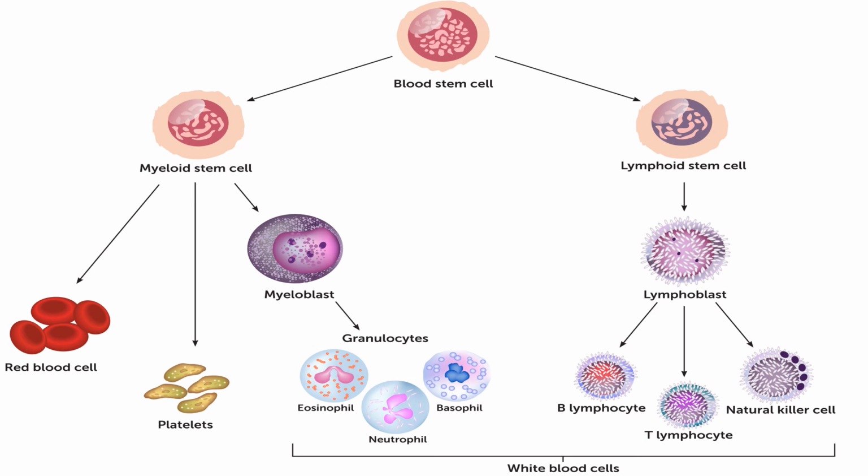On the other hand, we have myeloid stem cells, which give rise to red blood cells, platelets, and myeloblasts, which give us granulocytes, which are of three types: eosinophils, neutrophils, and basophils. Eosinophils, neutrophils, basophils, B lymphocytes, T lymphocytes, and natural killer cells all combine to form white blood cells.